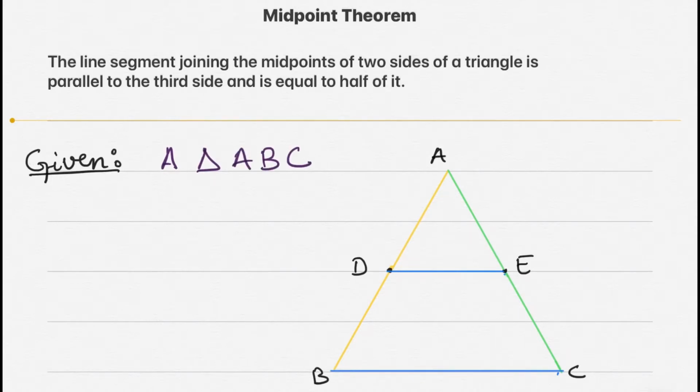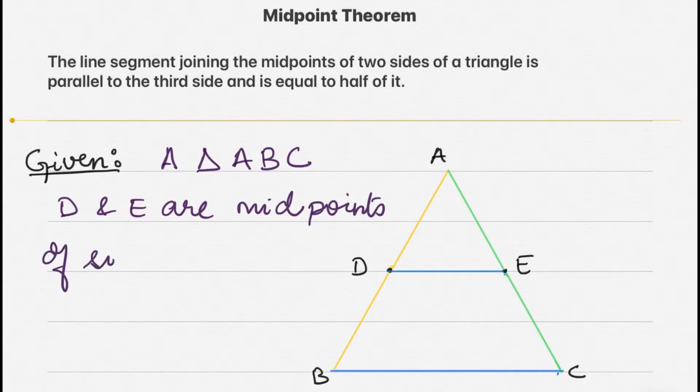I have drawn the diagram, so we know it. And it says the midpoints. So I can say D and E are midpoints of sides AB and AC respectively.